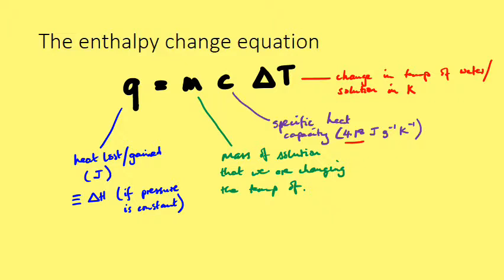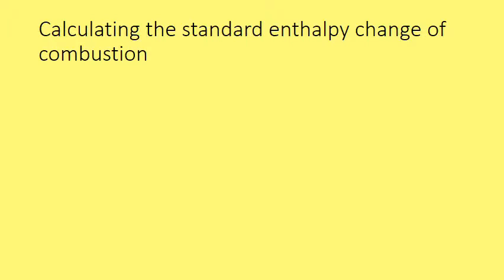Okay, so that's our enthalpy change equation, and what we're going to do now is have a look at using that enthalpy change equation to work out the standard enthalpy change of combustion to start with. And the standard enthalpy change of combustion we can write in short form as, so it's combustion and it's standard enthalpy change, so we're going to write it like that.